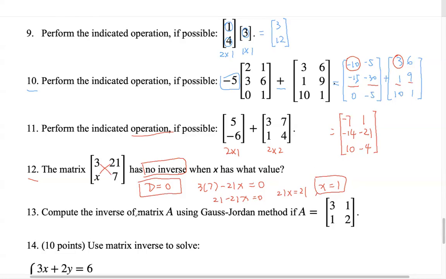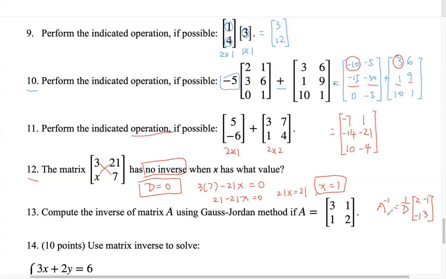This is 13. Compute the inverse of this 2 by 2 matrix. Use the Gauss-Jordan method. All right. So the simple method is A inverse equals 1 over D multiplied by the matrix where you switch the positions of 2 and 3, and put a negative sign in front of those two.